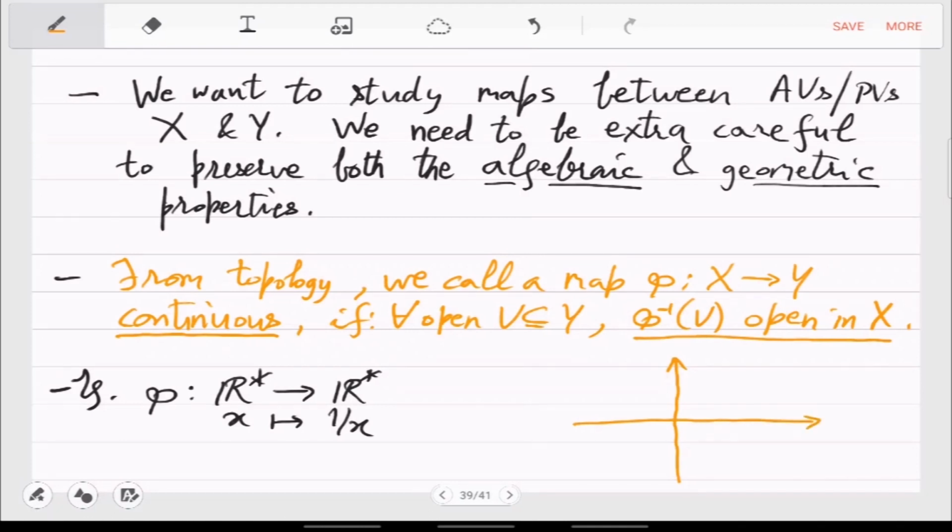So if you plot it, this is the x-axis. So 1 by x close to 0 is very large, right? And then at infinity it is very small, so it's like this. And the other part is the negative side. So on negative it is in this quadrant.